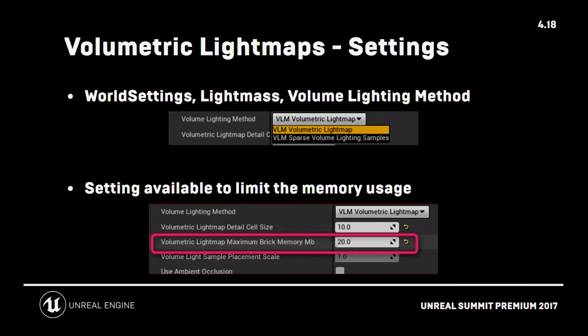For our game Paragon, we have a level called Monolith, and in that level, the indirect lighting cache data was using 5 megabytes, and we've currently set the volume light map size to 30 megabytes.